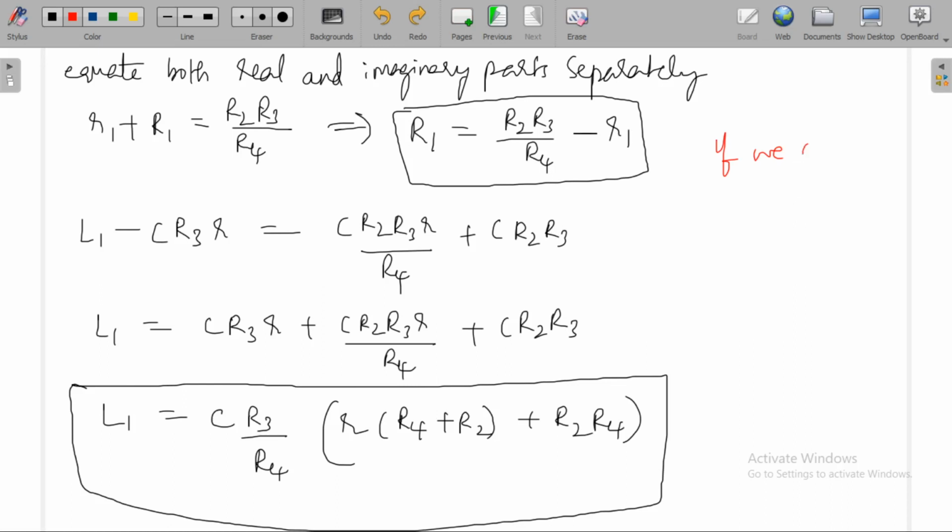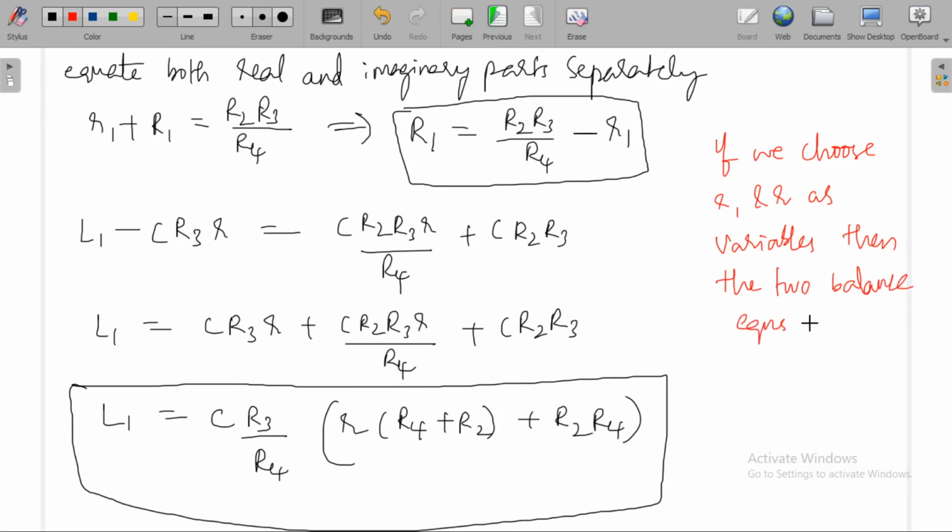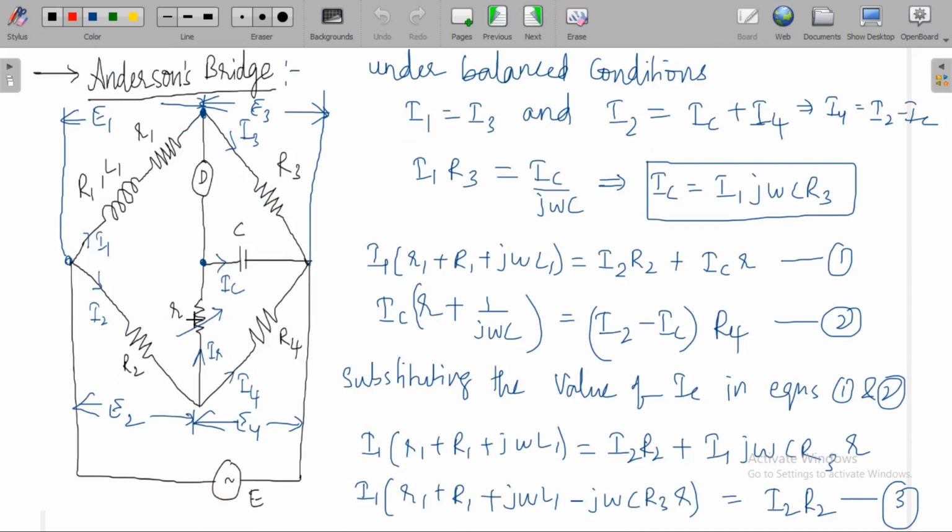So if we choose R1 and R as variables, then the two balance equations are independent of each other. So we choose R1 and R as variables.